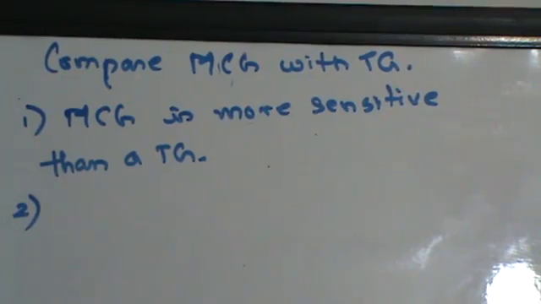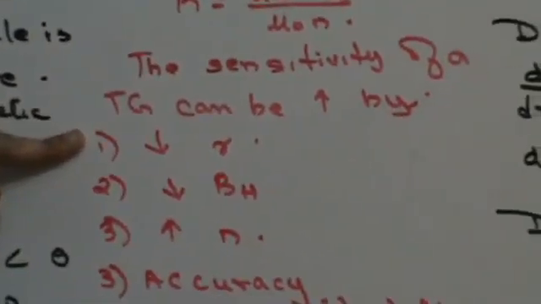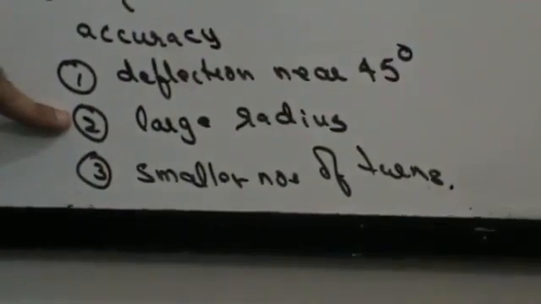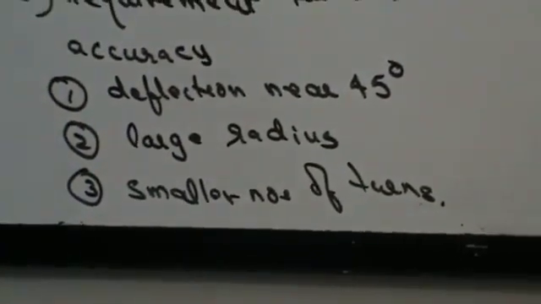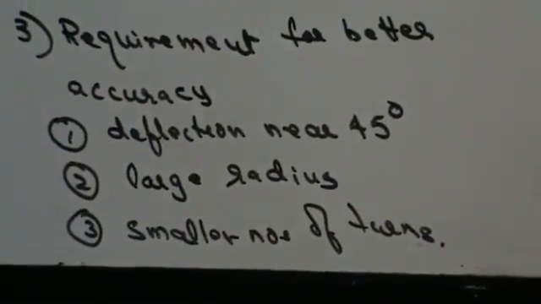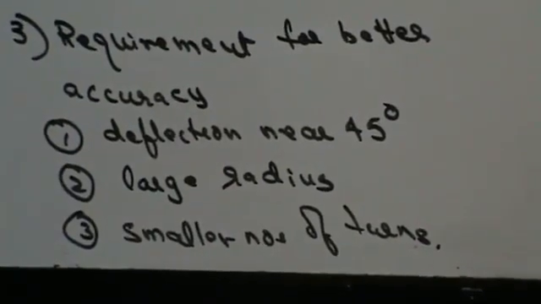A tangent galvanometer will be more sensitive if the radius is as small as possible, and it will be more accurate if the radius is as large as possible. So in the case of a tangent galvanometer, if I want more accuracy, then I have to sacrifice sensitivity. But that is not the case in a moving coil galvanometer.